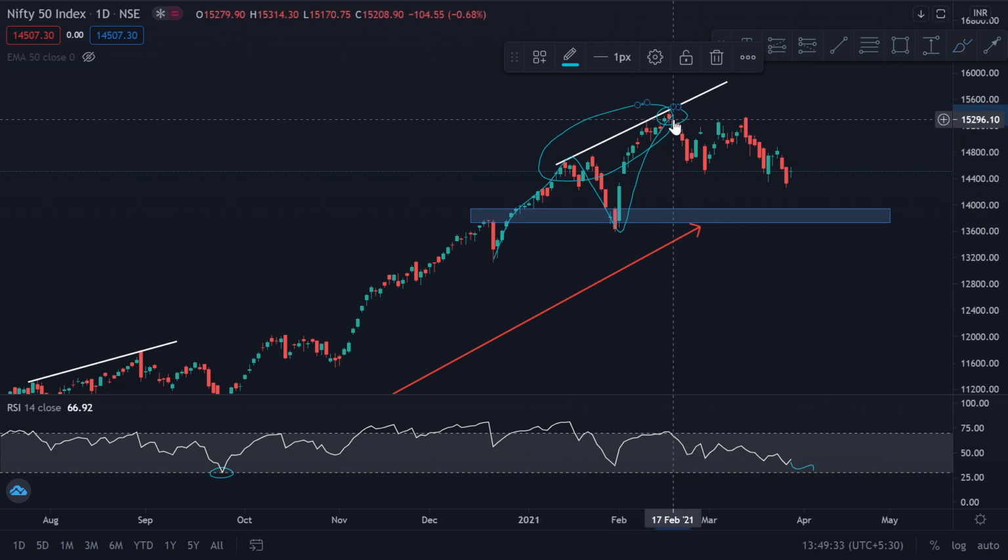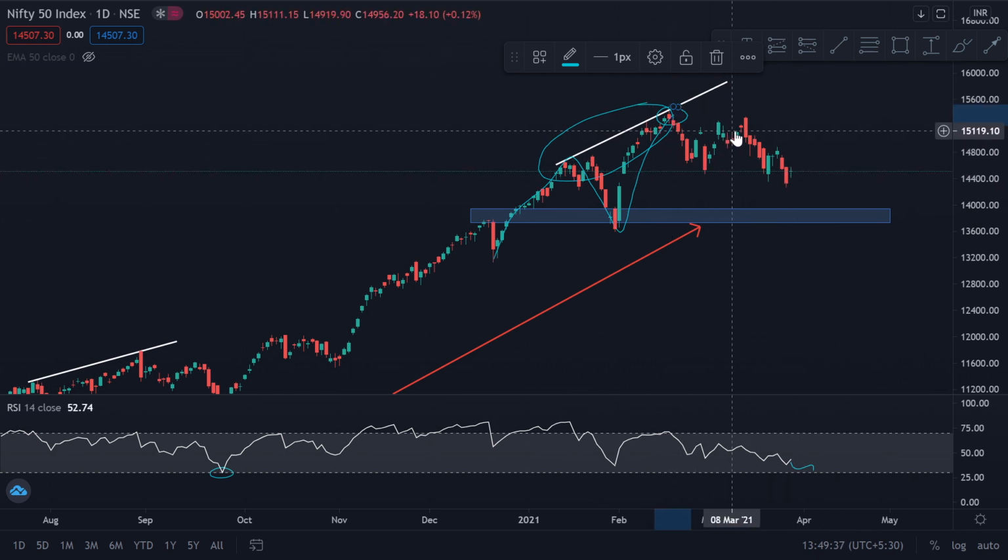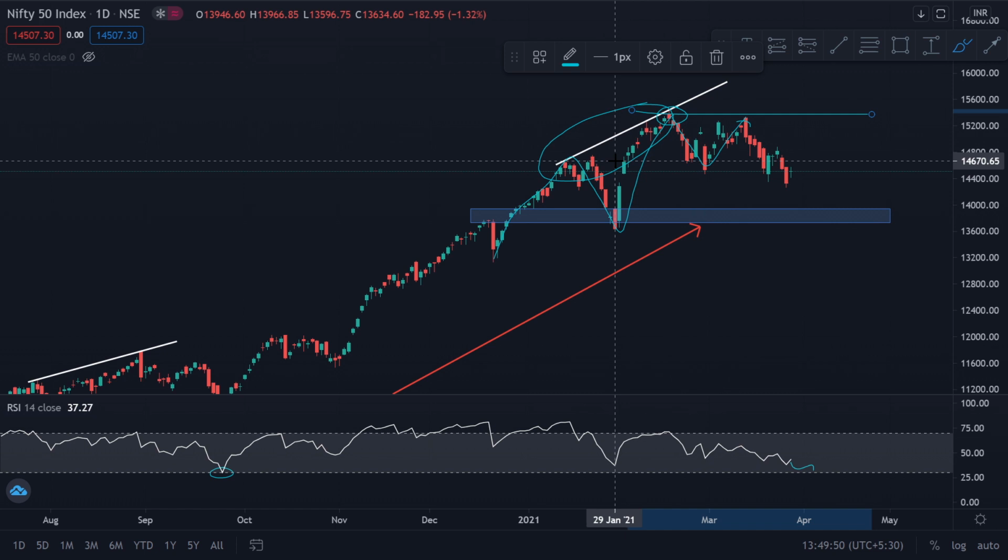Right here, and from this point you can see that Nifty has been going down. The trend in the medium term has effectively reversed as of now, because here this failed to form a higher high. It failed to break the previous highs. Now this is a lower high for us and it is going down. So unless this previous higher high is broken, we cannot say that Nifty has continued its strong momentum upwards again.